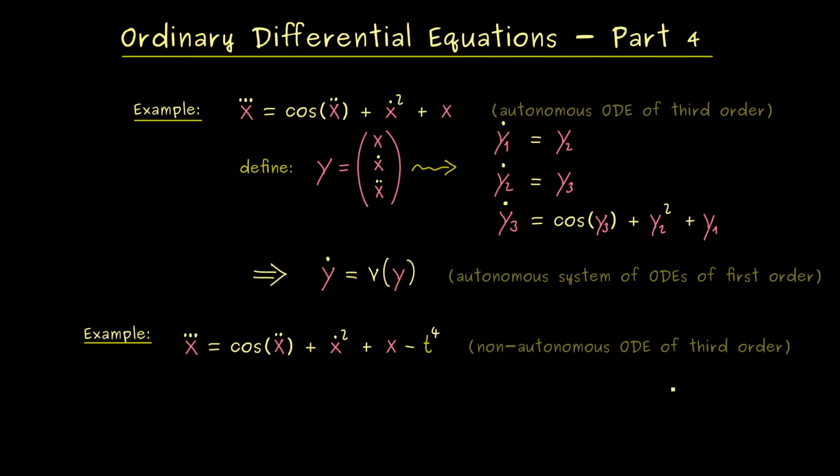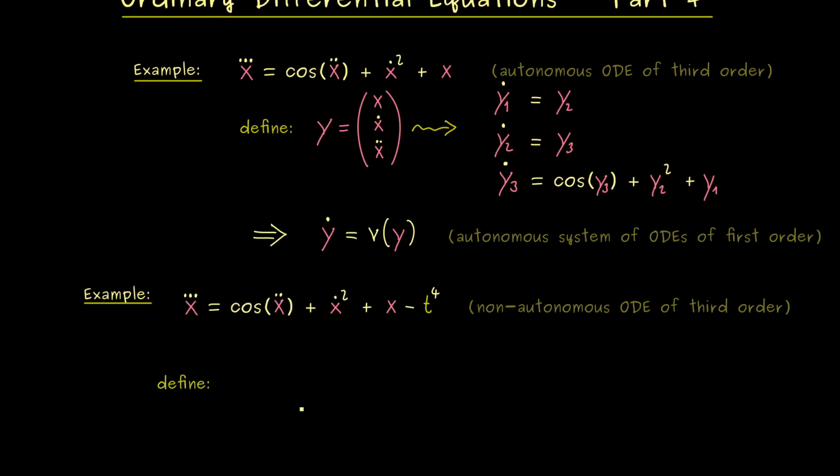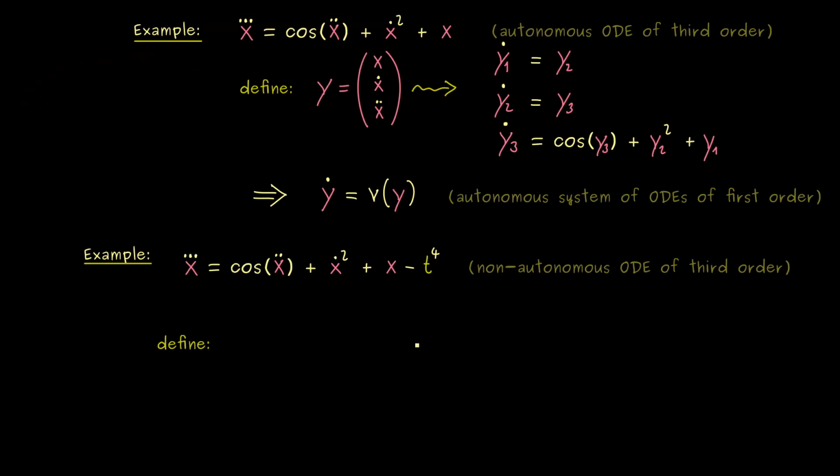Therefore, we could do the same procedure as before to get it to first order, but still it would be non-autonomous. So we have to do one step more to get rid of this t here. Indeed, we could do exactly the same as before and define the vector y as above. However, now we also have to put in the variable t in some sense.